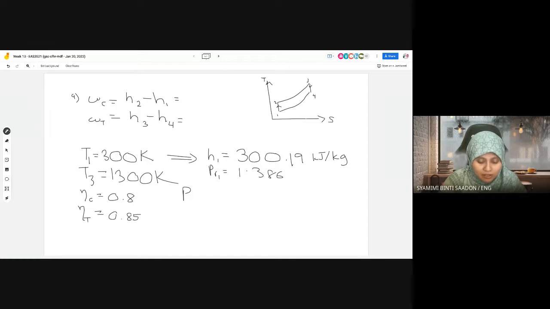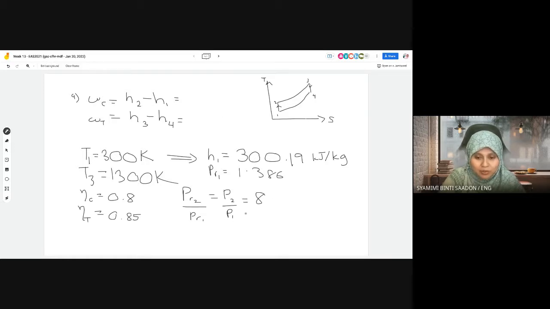So we have PR2 over PR1 equals P2 over P1, and this ratio is equal to 8.